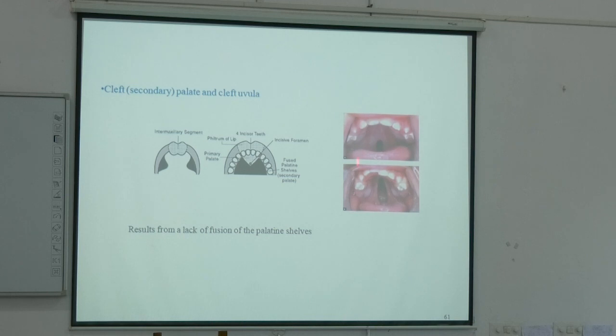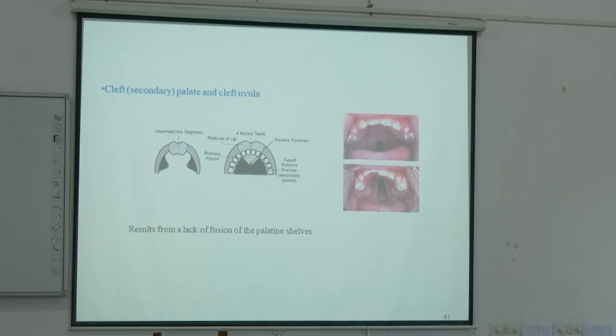So it's a complete cleft palate. Compared to this one, it's a posterior cleft palate which is partial, affecting the palatine shelf. That means we have an error in the maxillary prominence. If you have a defect in the front region, that means we have a primary palate defect. That means the intermaxillary segment or medial nasal prominence is affected.